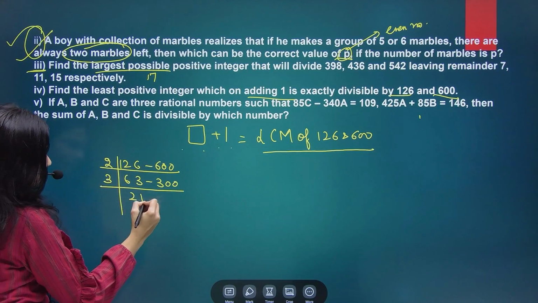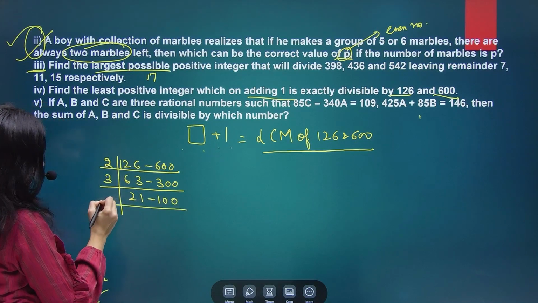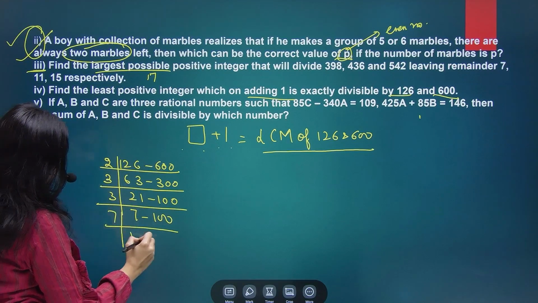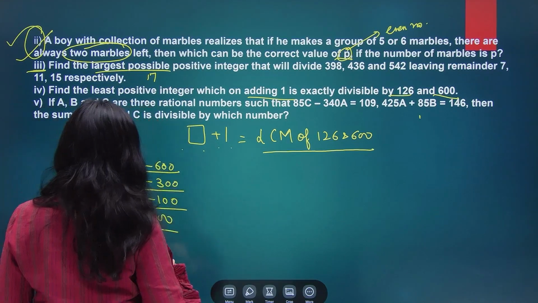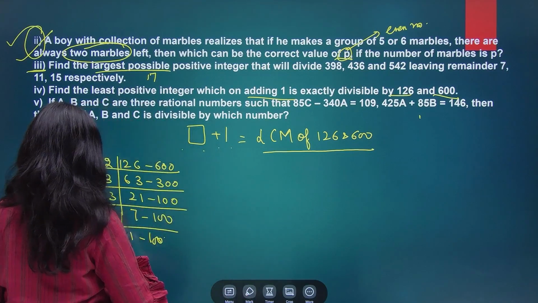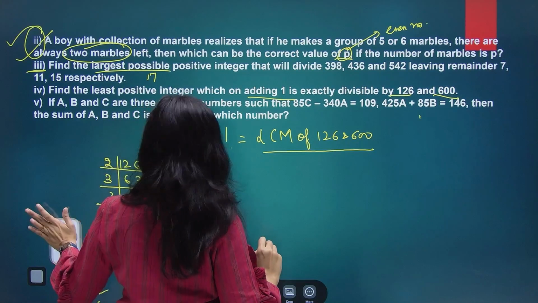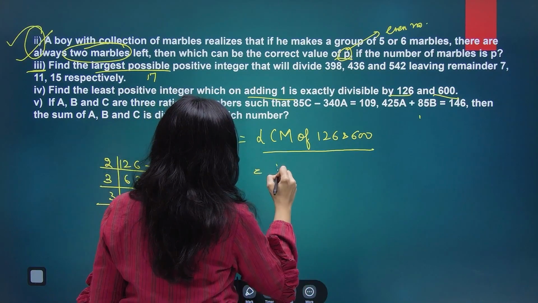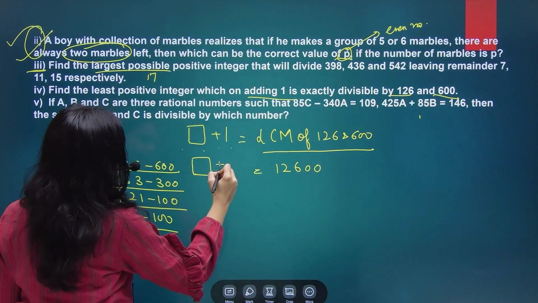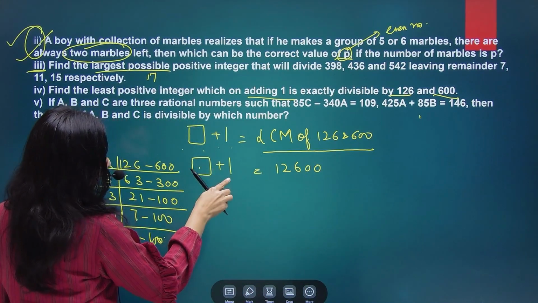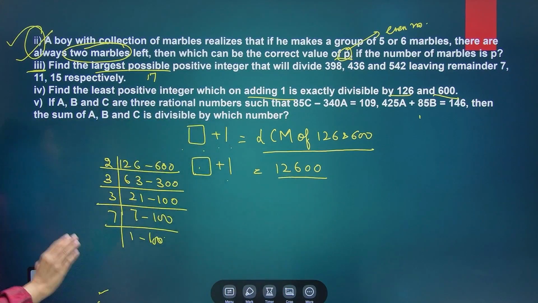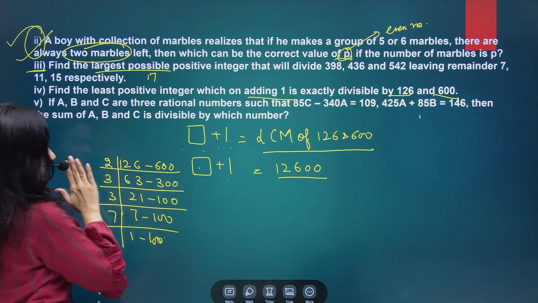Please try the calculations on your own. So LCM is going to be 12600. So I have to look for a number which on adding 1 becomes 12600.